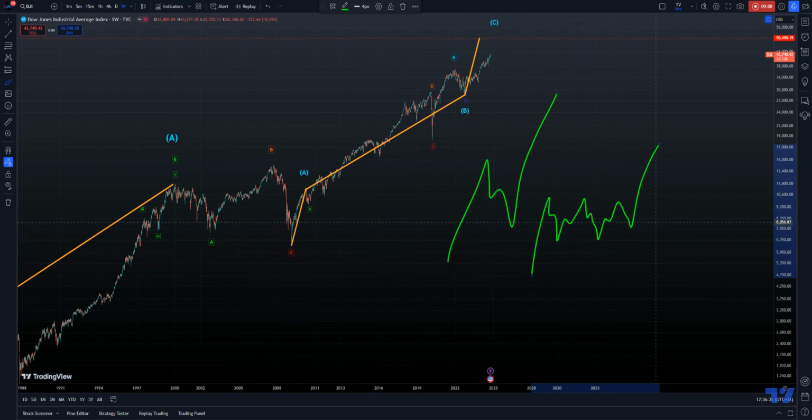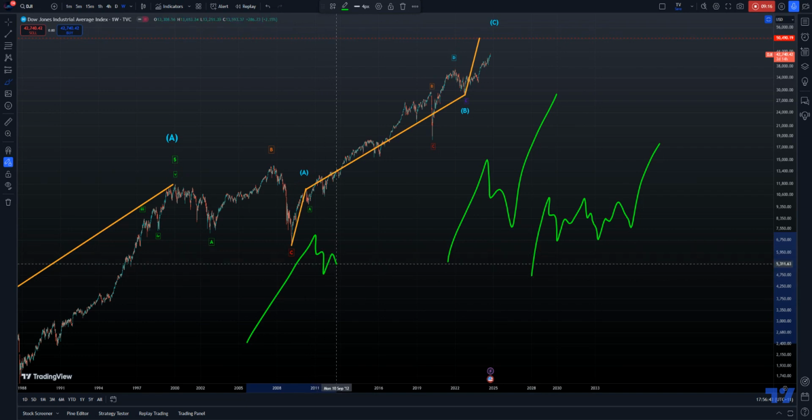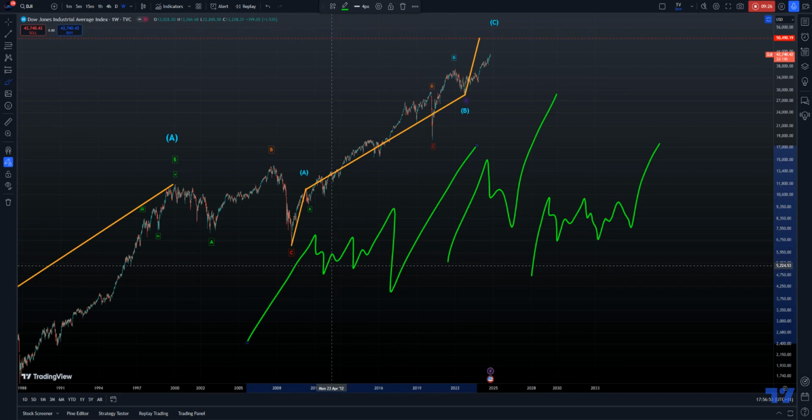Now, not all zigzags are made equal, right? Sometimes you can have a zigzag that has a small A, B, C, large D, and then an E before you get that next 5-wave move, right? That's how I see it. They're not always the same.